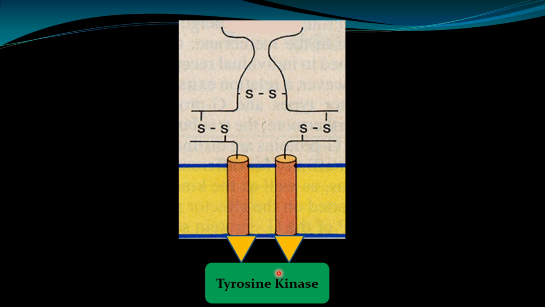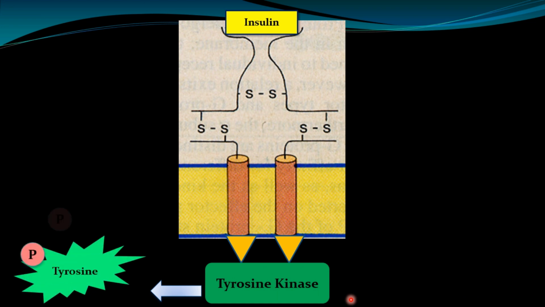That's why we call such receptors enzyme linked receptors. The most important example is insulin. When insulin comes and binds with this receptor, it activates this tyrosine kinase enzyme, and this tyrosine kinase enzyme causes the phosphorylation of the tyrosine residues of the protein.